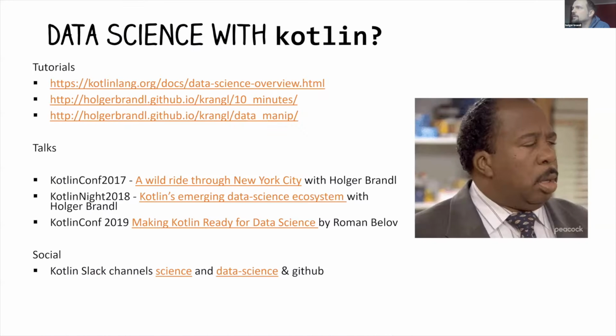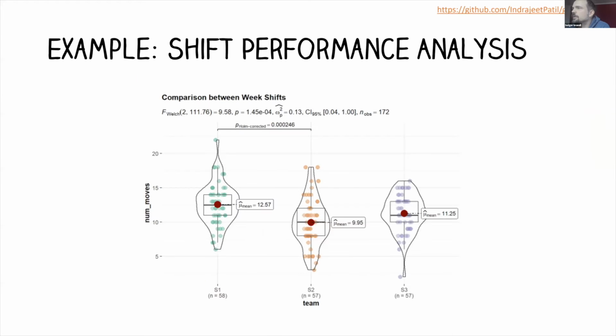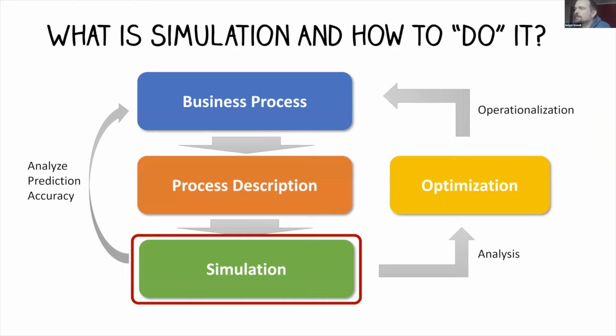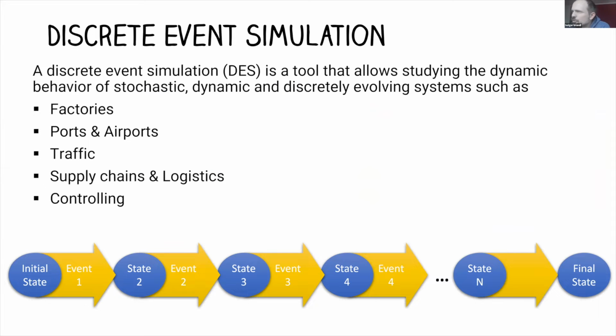All right, let's dive into the simulation part. First, I would like to give you a brief definition of what we're talking about. So what is simulation? As I will discuss on the next slide, there are actually different ways to do simulation.